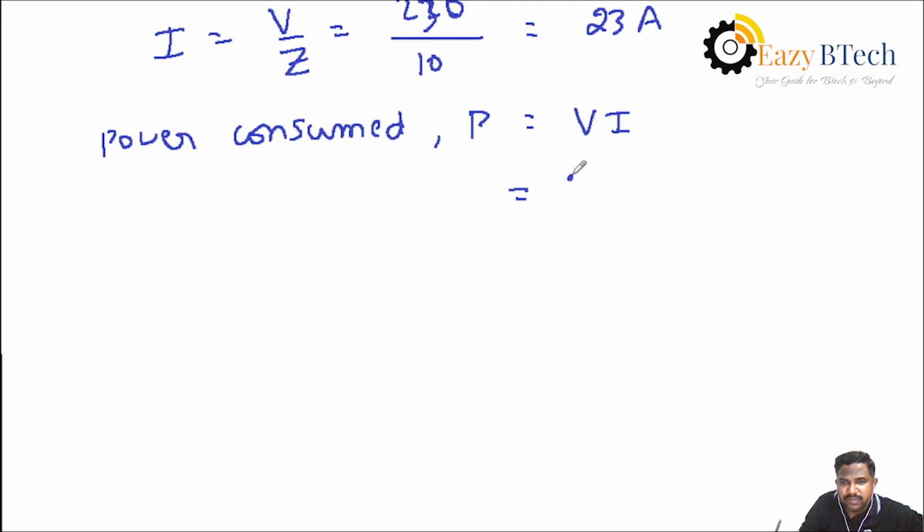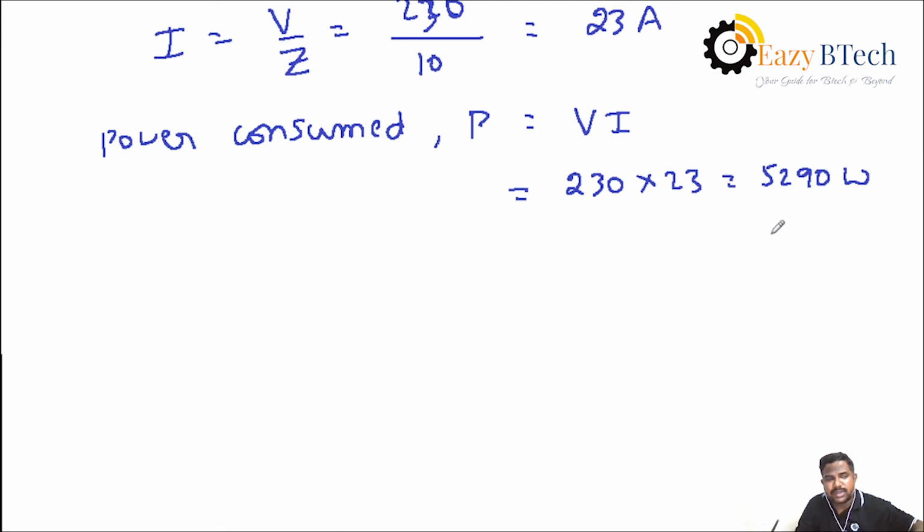V value is 230, I value is 23. Then the total power is 5290 watts. That is the total power consumed by the resistance.